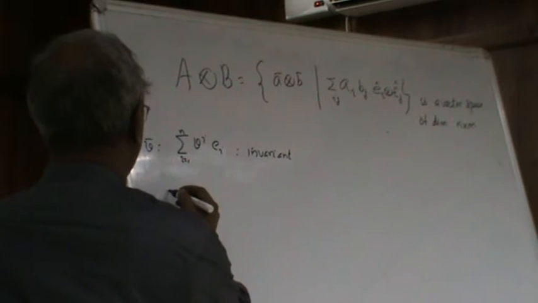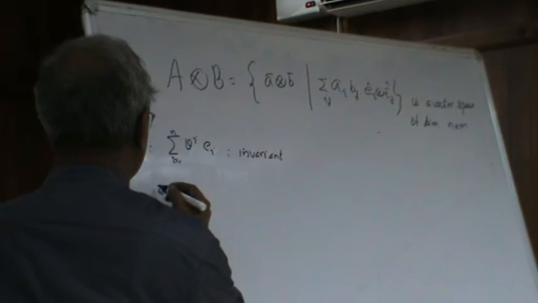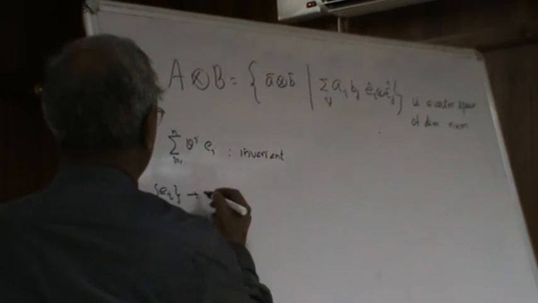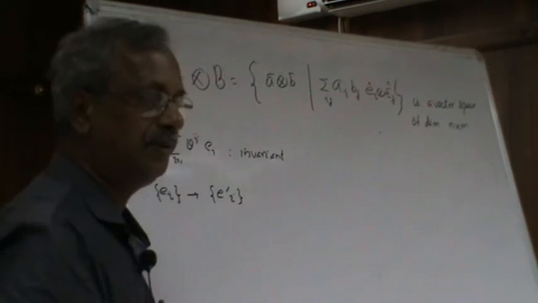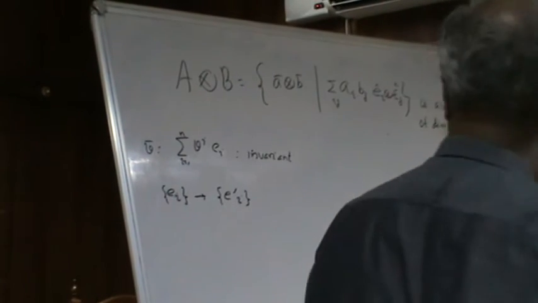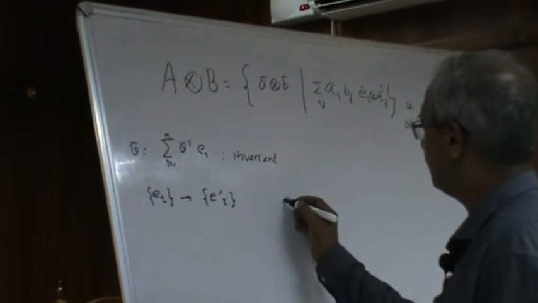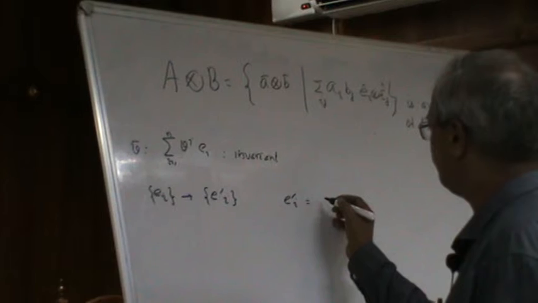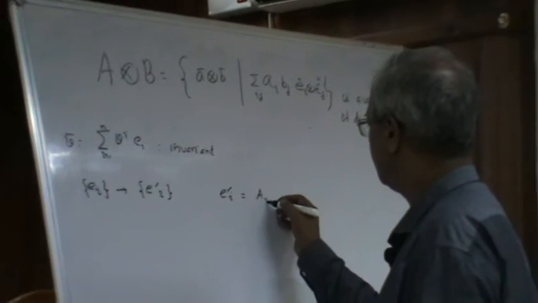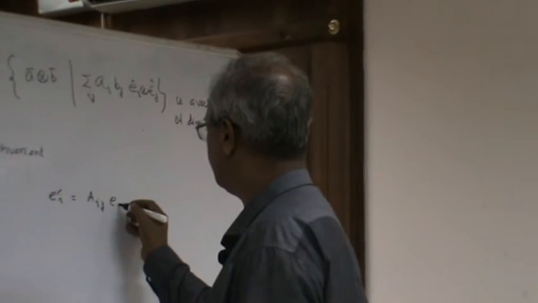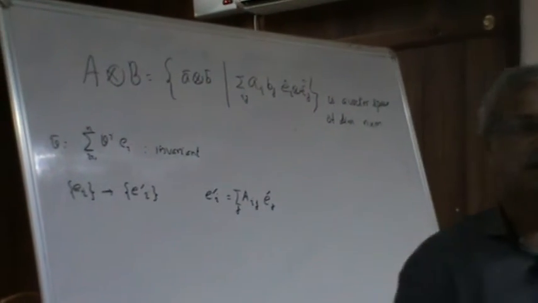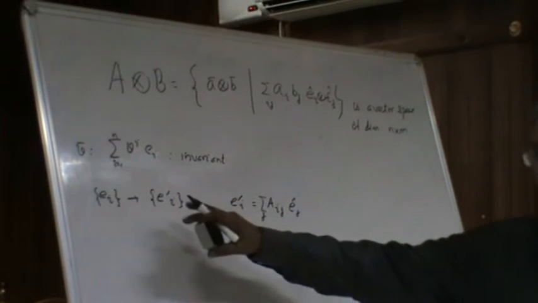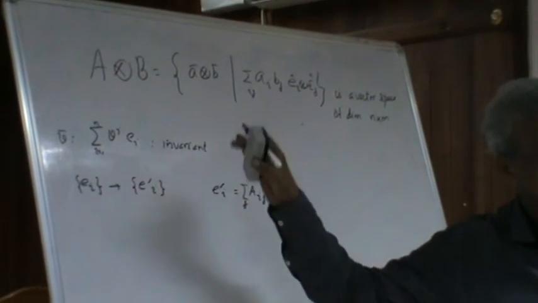Now let us say we go from this set of basis vectors E i to another set of basis vectors E prime. We do a coordinate transformation, such that the new basis vectors are of the form matrix A times E j. We are still talking about the vector space going to itself.